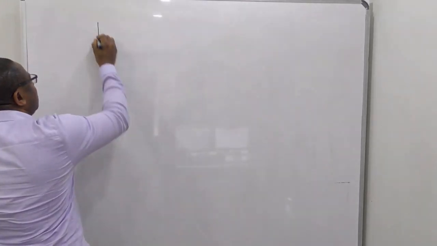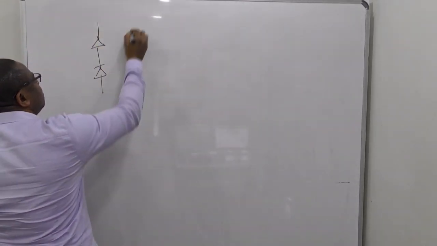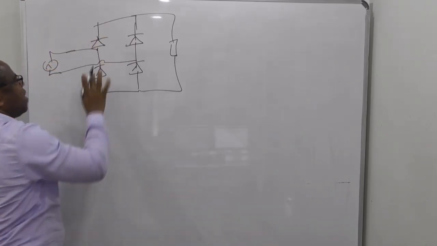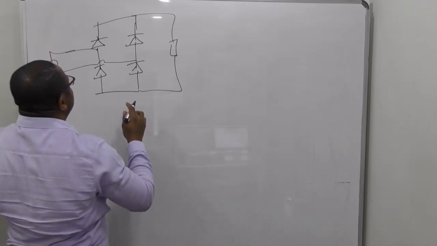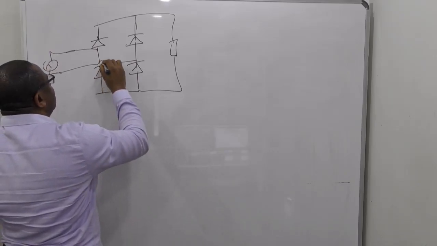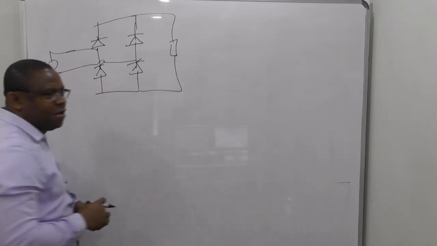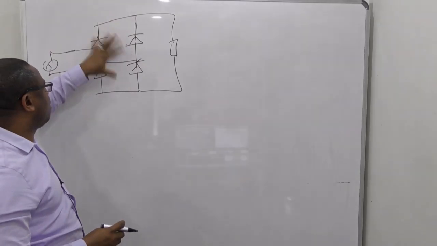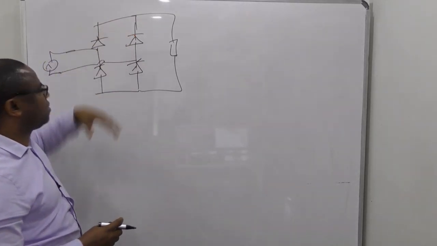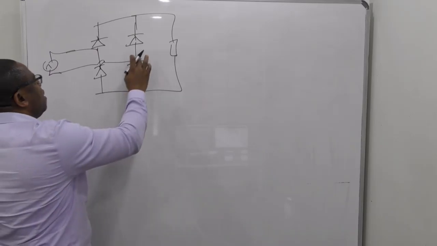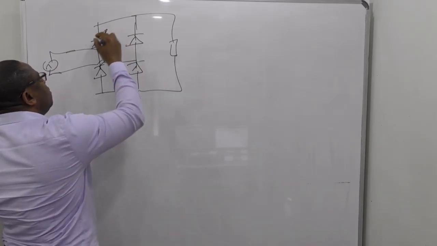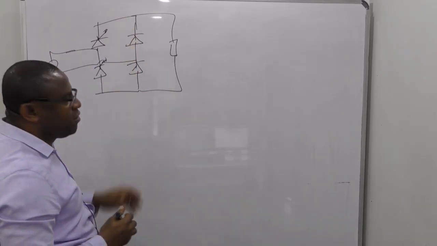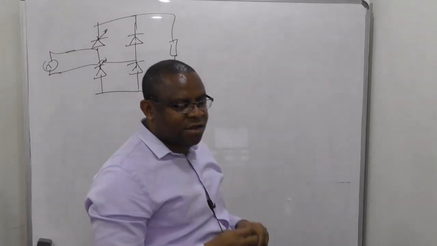If I have 4 diodes like that, and I make this one and that one to be thyristors, that's a semi-converter. Now it's no more diode all through. You have these 2 diodes and these 2 thyristors. Or I make these 2 thyristors, and these 2 diodes. Then that's what we call a semi-converter.